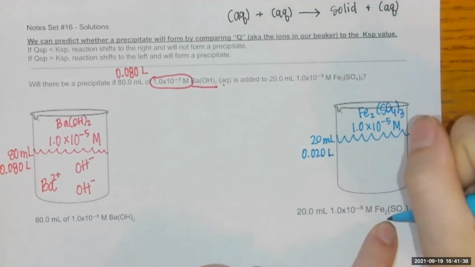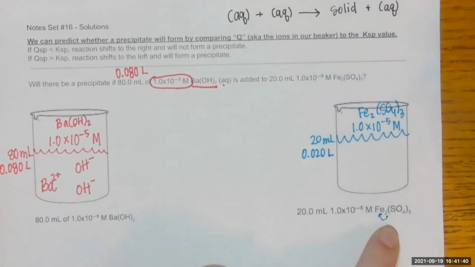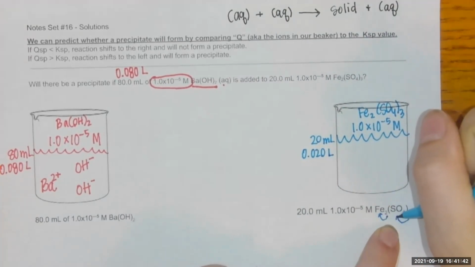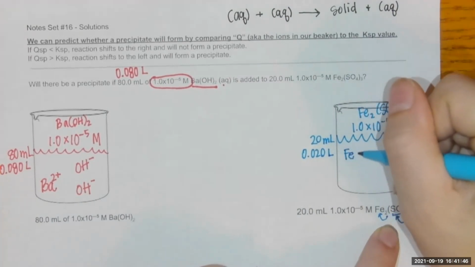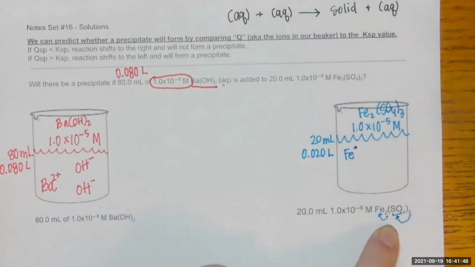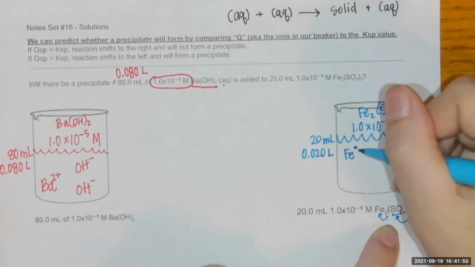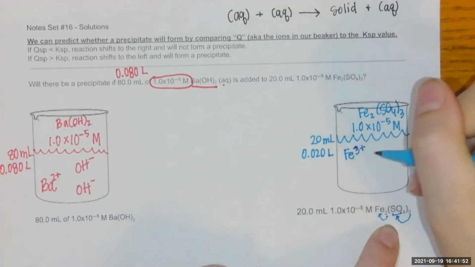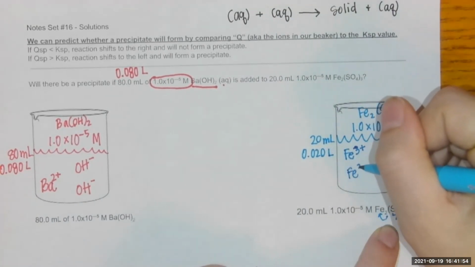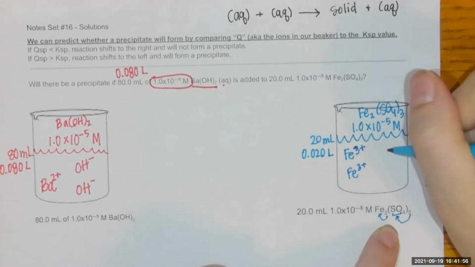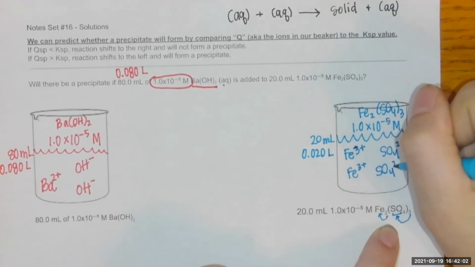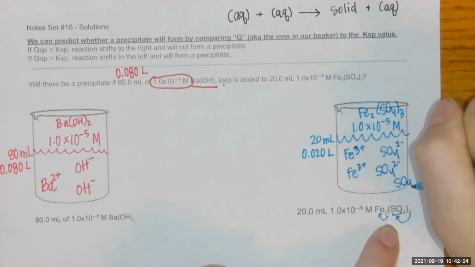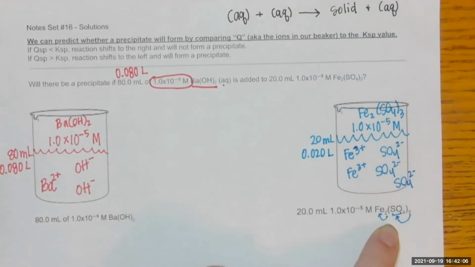When this breaks apart, I'm going to have 2 irons and 3 sulfates.